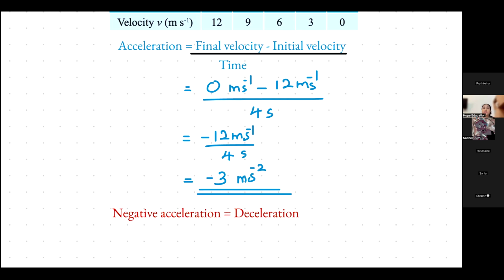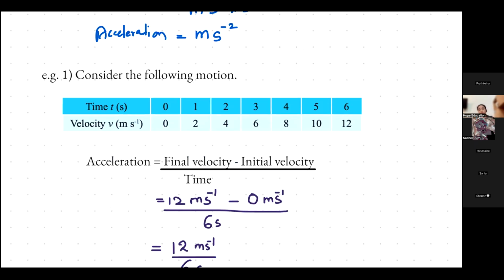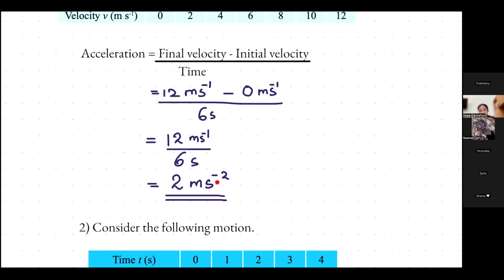If you look at the previous one, you can see every second the velocity is increasing. It's like stepping on the accelerator of a car. If your father or mother steps on the accelerator in the vehicle, the velocity of the vehicle will slowly increase. So that is an acceleration. You get a positive answer for that as well.